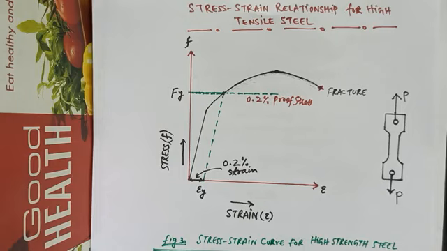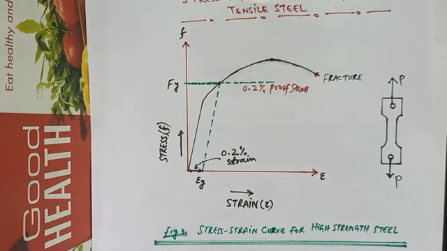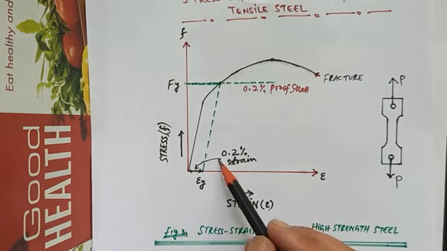So in order to calculate the yield stress for such type of steel, we generally draw a line parallel to the elastic portion or proportionality limit, at an offset strain of 0.2%.